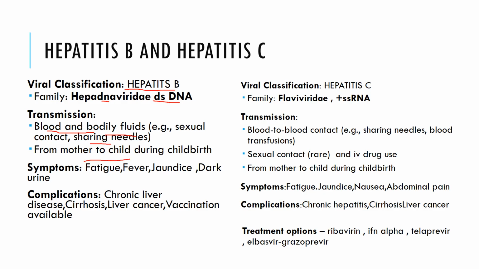We shall cover this later on under the TORCH infections. Symptoms usually include a fever, fatigue, yellowing of mucous membranes, dark urine, and it can complicate into chronic liver disease, liver cirrhosis, cancer, and then luckily enough, this can be vaccinated.